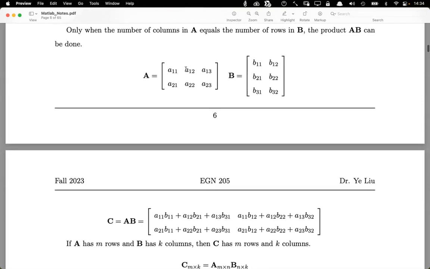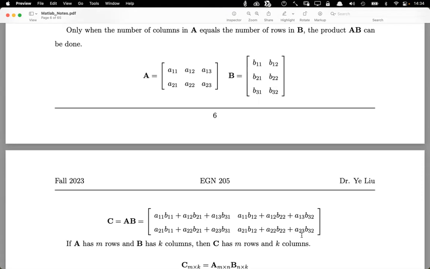Actually for this one, you can use this way. C11 equals row 1 in A times column 1 in B. C12 is row 1 times column 2 of B. C21 is row 2 times column 1.